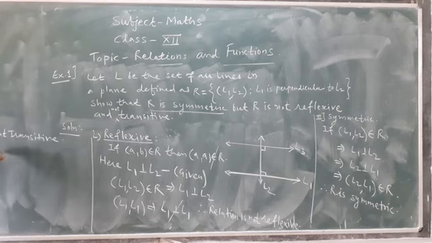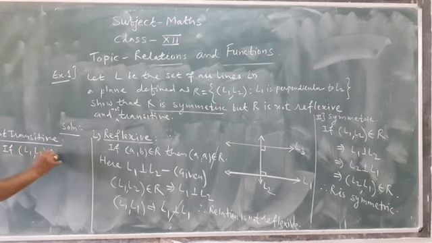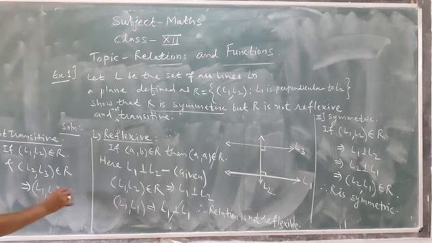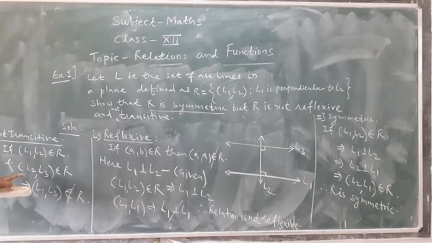Not transitive means if (L1, L2) belongs to R and (L2, L3) belongs to R, then (L1, L3) does not belong to R. That will be not transitive. For a non-transitive relation, we must show that (L1, L3) does not belong to R.